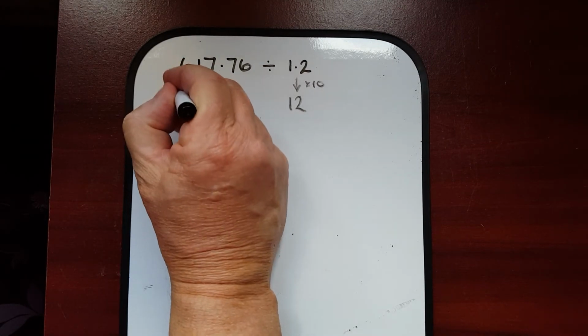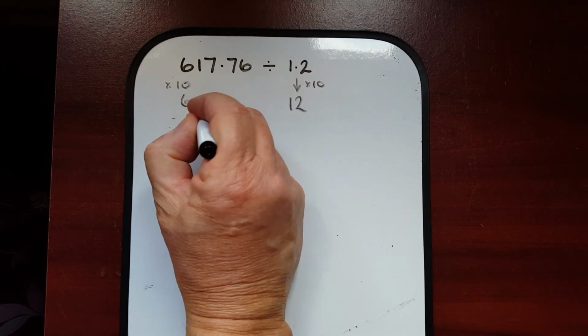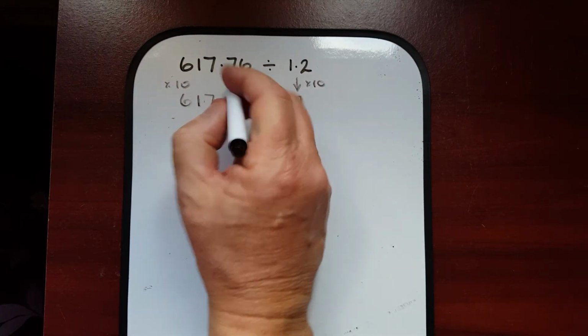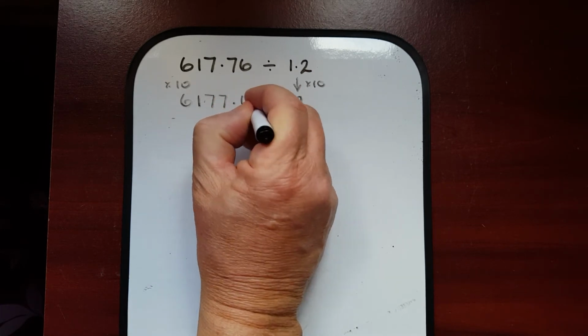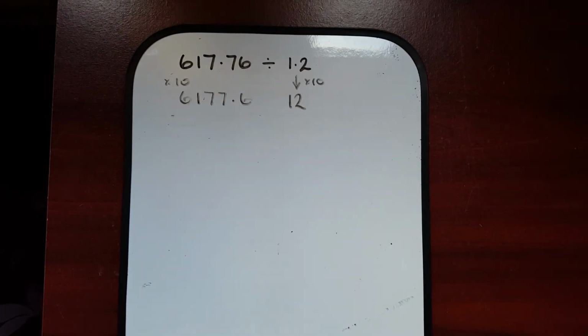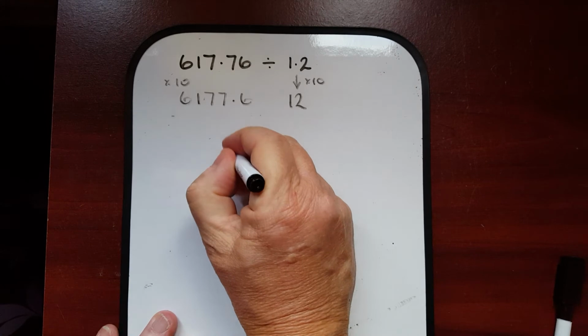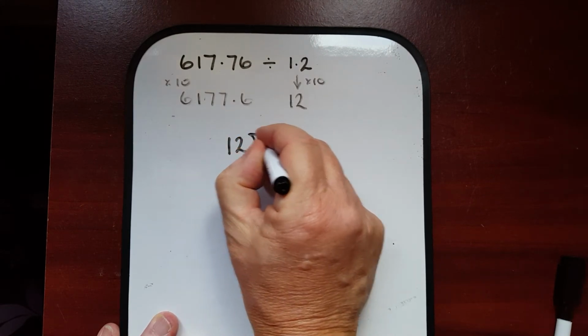So times this by 10, and that means it becomes 6177.6. Now that's still a decimal, but it doesn't matter because we're just going to be dividing it by 12. Let's take a look how we do this now then. So we're going to set out a long division.